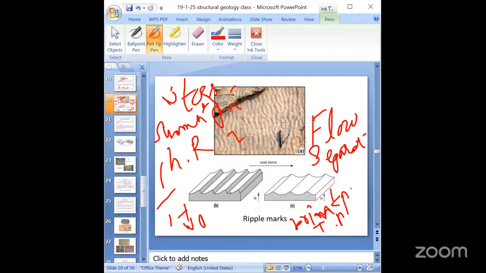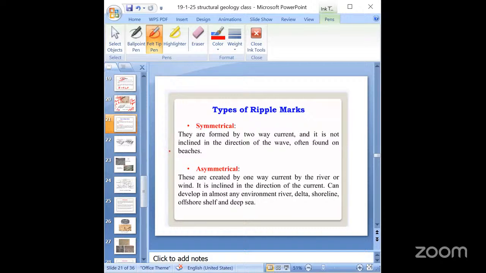You see, this is the symmetrical one. There are two types of ripple marks. First is symmetrical ripple mark, second is asymmetrical.